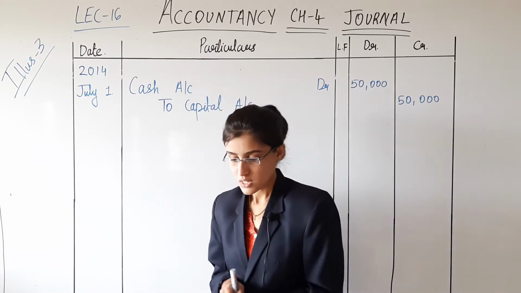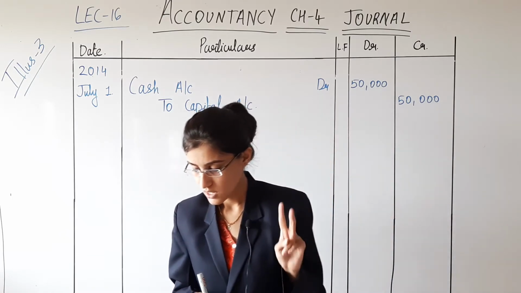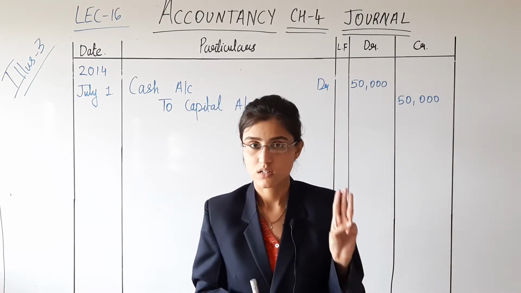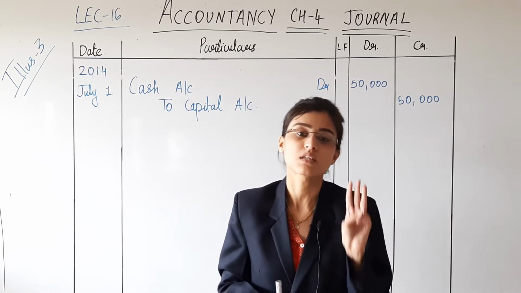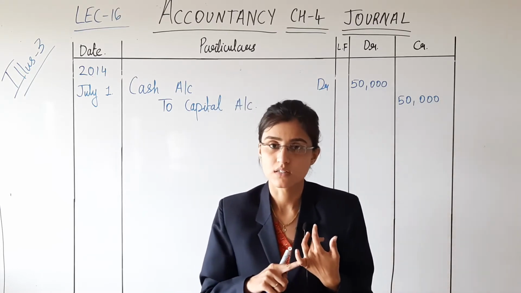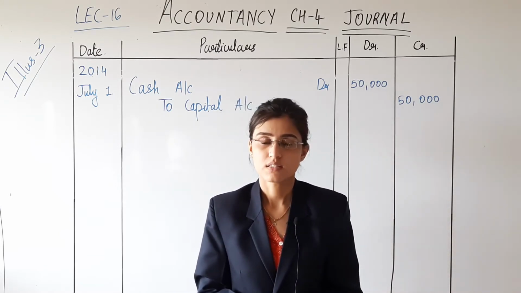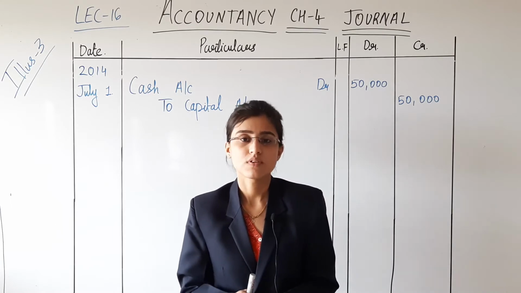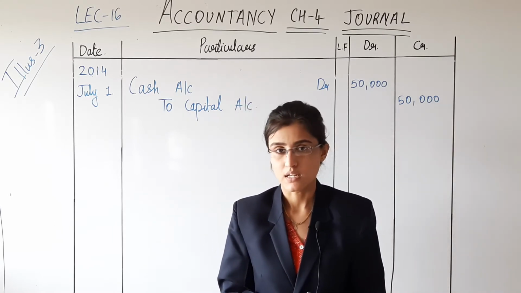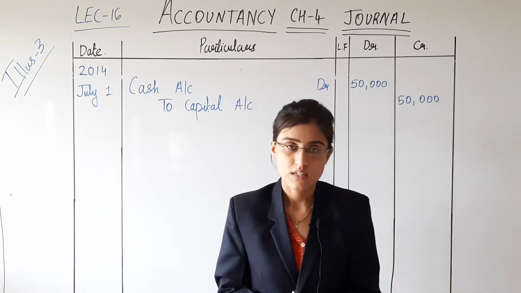So what comes in the business? Firstly goods, then furniture, then debtors. So debit what comes in? Goods, furniture and debtors. All three of them are assets, and an asset is always having a debit balance. So all these three items are going to be debited.